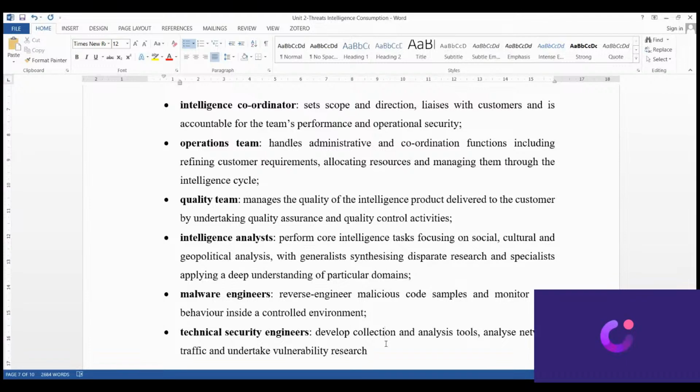They come up with the tools and analyze network traffic, and also they keep on conducting research to be able to understand new forms of vulnerability.